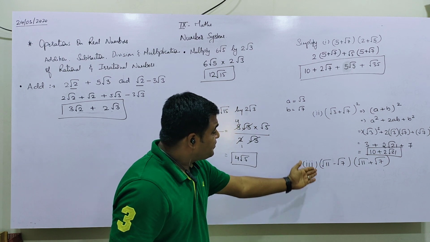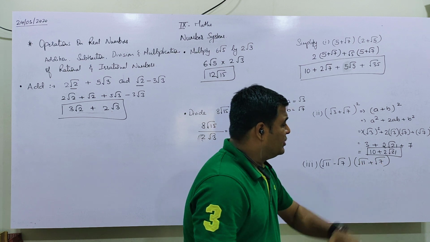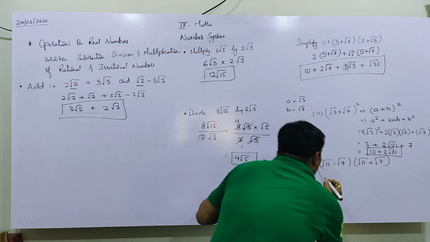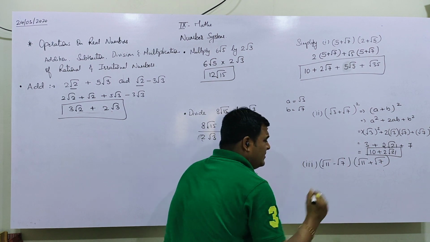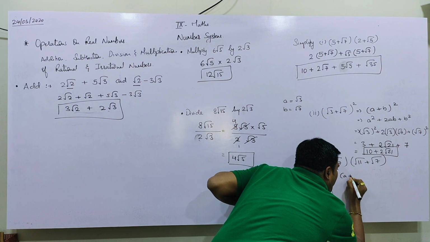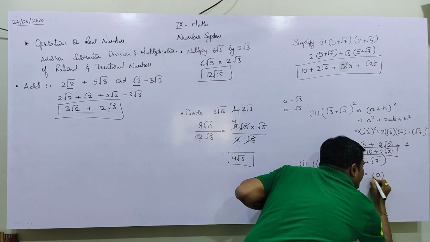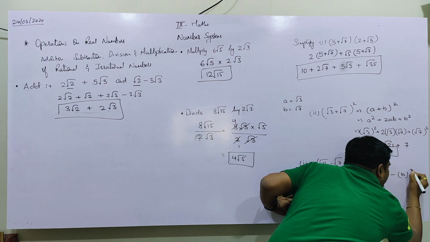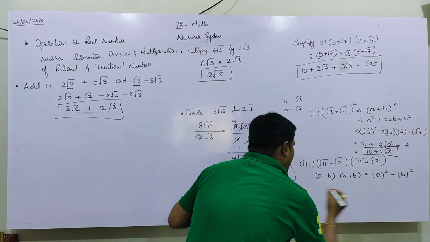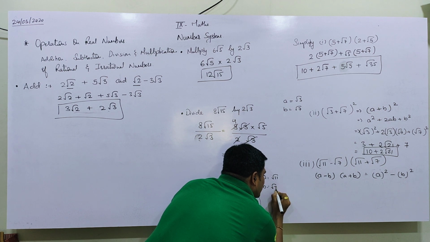Last example, root 11 minus root 7 into root 11 plus root 7, which is equal to a minus b, a plus b, which gives us a whole square minus b whole square. Okay, so let us assume a is root 11 and b is root 7.